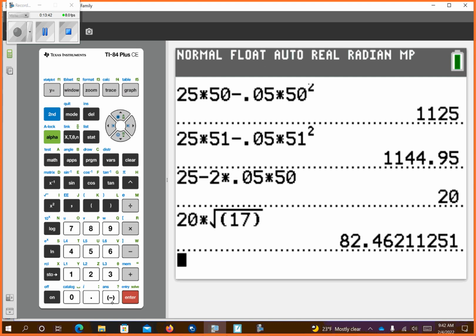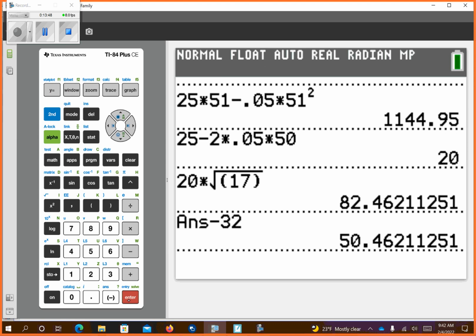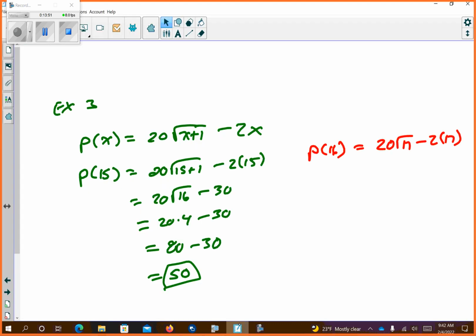And then I'm going to go minus 32. So that becomes 50.46. So P of 16 is 50.46. Okay, so you're making a little bit more profit, and some people are like, what's the big deal of making 46 cents? Well, 46 cents, if you use over 1 million products, items, that's a lot of money.